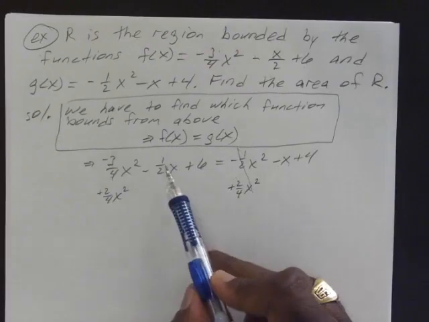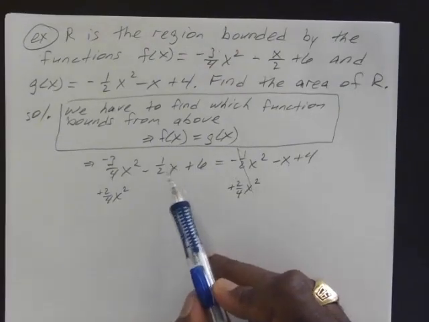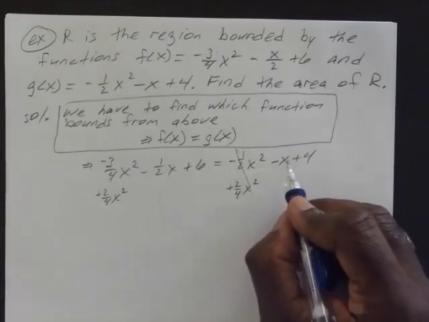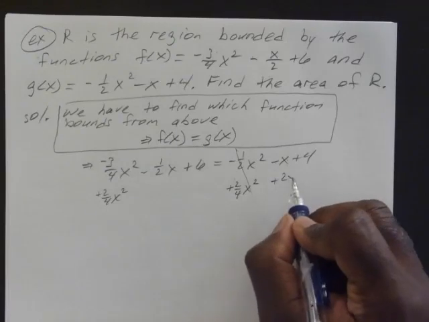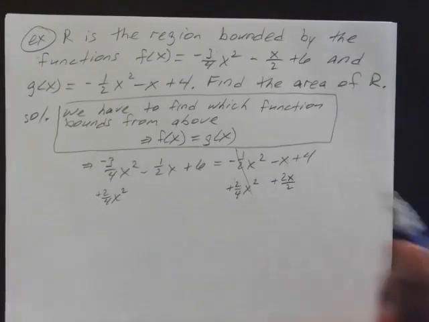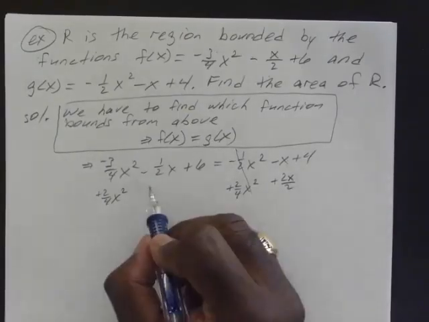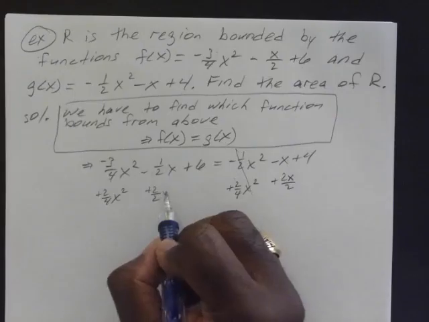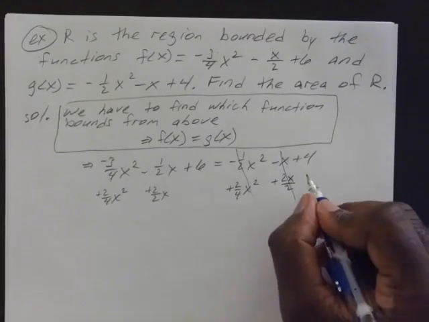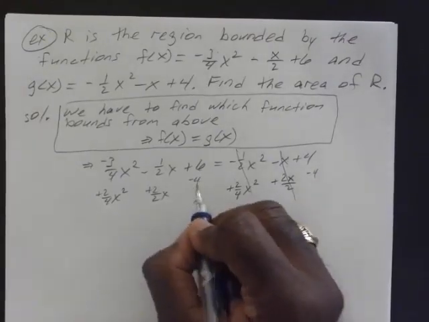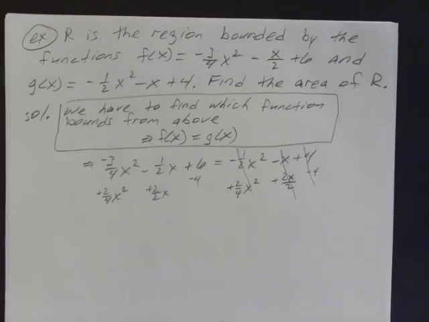So we have minus x, so we want to combine it with this x term, but we need a denominator of 2. Since we have minus x, we're going to add x to both sides, but we're going to add 2x over 2, which is the same as x. So those two cancel each other out. And we're going to subtract 4 from both sides. Those two cancel each other out.